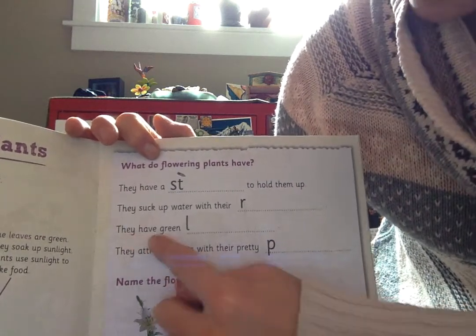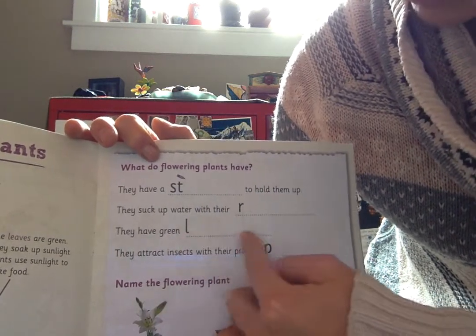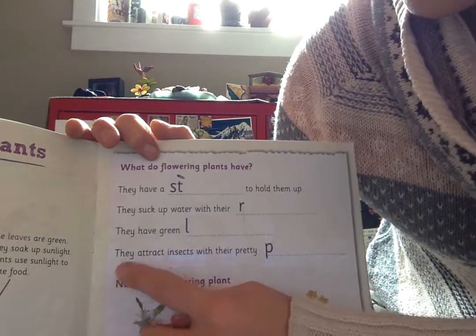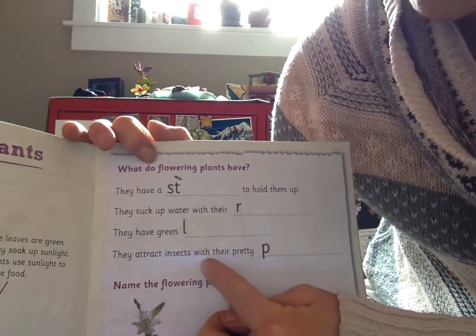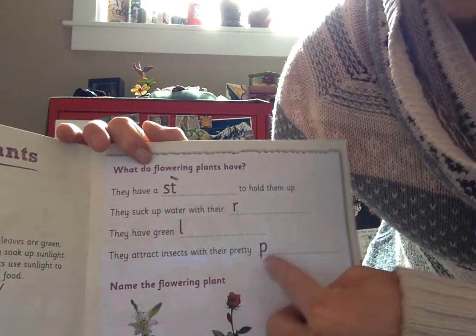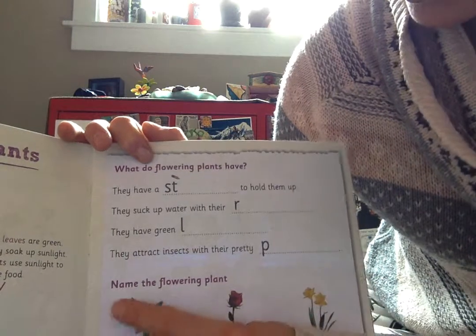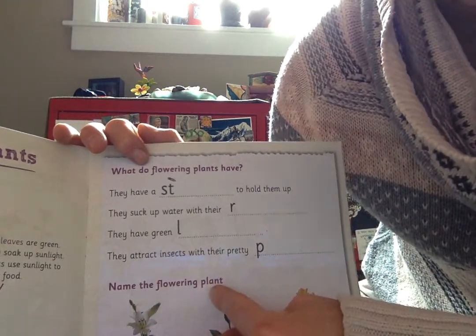They have green, what? Starts with an L. Finish that word. They attract insects with their pretty, what? Starts with a P, right? Finish that word.